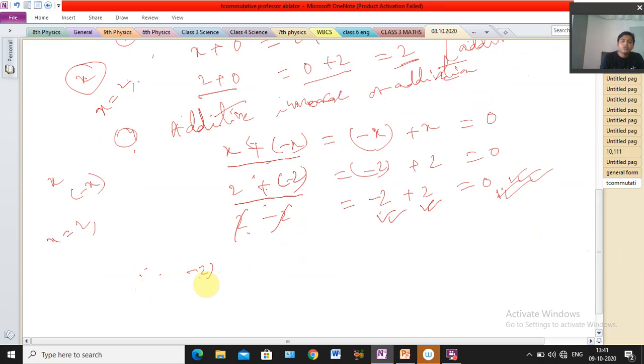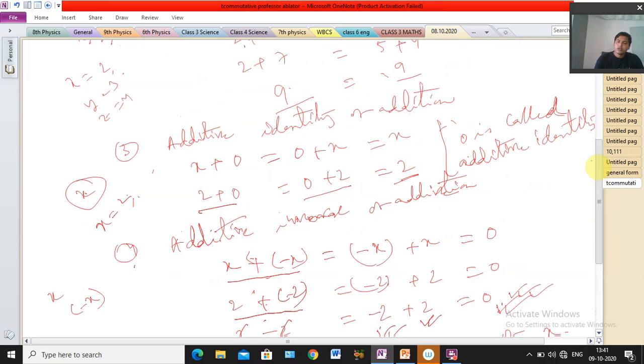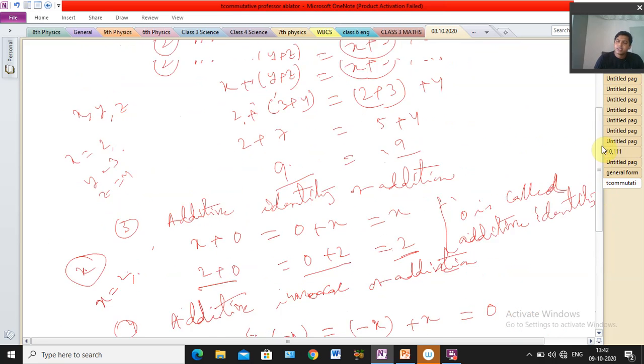Otherwise you can take minus x also: minus x is the additive inverse of x, meaning plus x. Okay, minus x is the additive inverse of plus x. Clear? Four properties clear, sir? I already gave the example also. I hope your concept is clear.